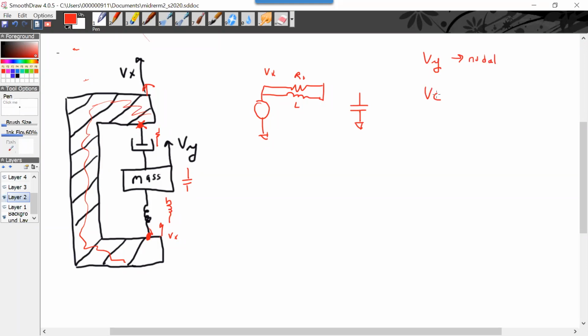Vc, the voltage across the capacitor, is the device and represents the velocity. But the nodal has to be with respect to ground. So this Vy, the movement, has to be measured with respect to something that's not moving.